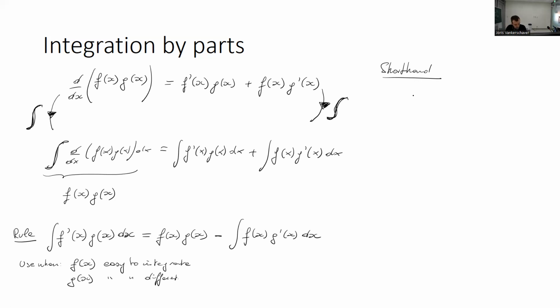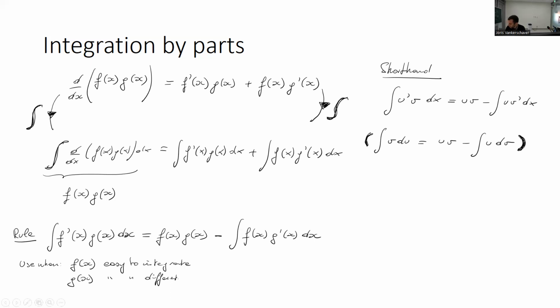You'll often see this written down in short as the integral of u prime v dx is uv minus the integral of u v prime dx, or even, some people write it as the integral of v du is uv minus the integral of u dv, but personally I do not use this notation.